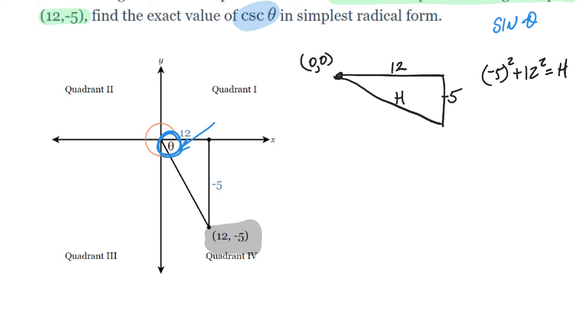And once we have our hypotenuse, what we will do is we will put this back together and use those trig ratios. So this would be h, this would be 169 equals h squared. I'm sorry, I left my squared off of there. And in order to get the h by itself, we're going to need to take the square root.